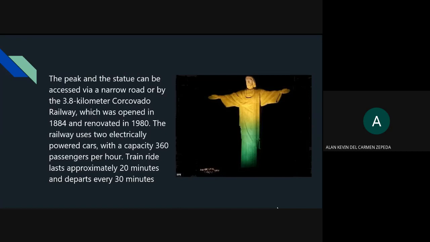The railway houses two electric cars, while the capacity is 316 passengers per hour. The ride lasts approximately 20 minutes, and they pass every 30 minutes.